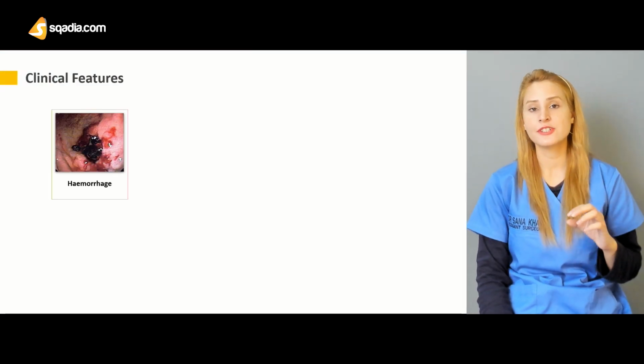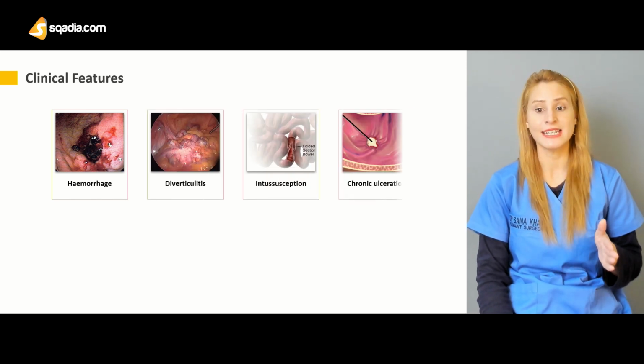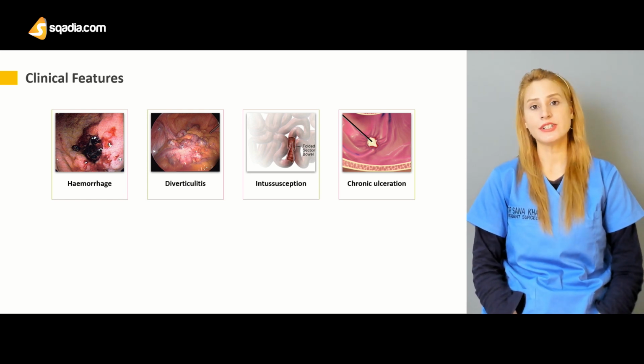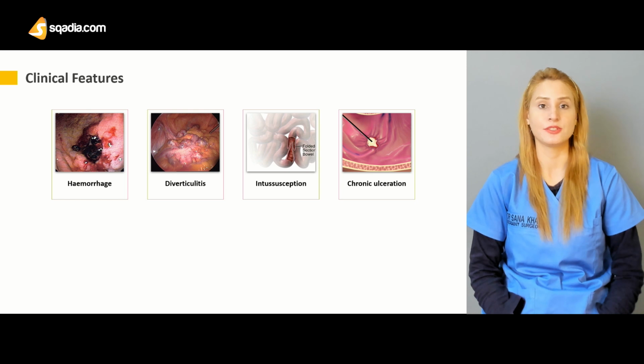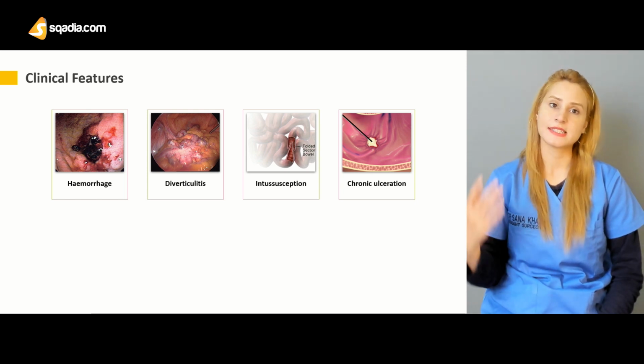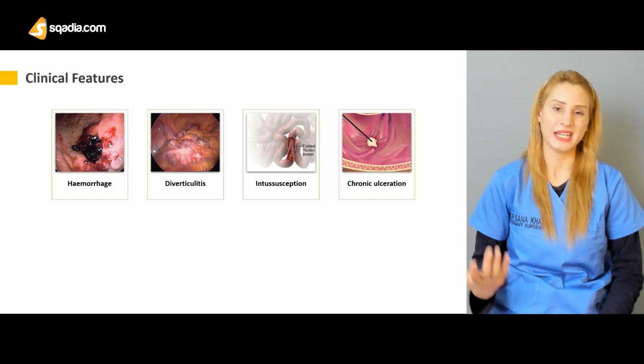The clinical features can be asymptomatic, hemorrhage, diverticulitis, intussusception, or chronic ulceration. In chronic ulceration, the patient can present with chronic abdominal pain which settles spontaneously on its own, or can be aggravated by eating.